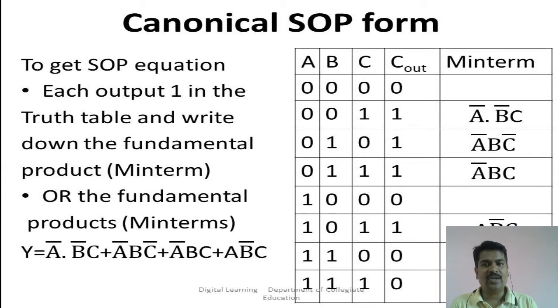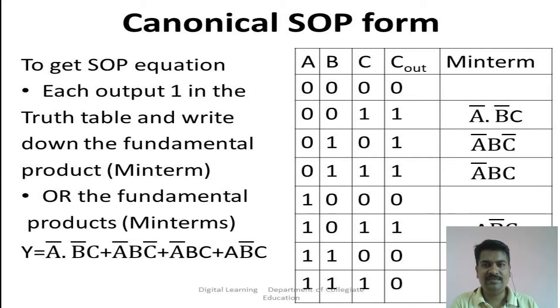Right. This is the canonical SOP form. So how to write an SOP equation in Boolean algebra? That is called the canonical form. Writing an equation in a Boolean function like this is nothing but the canonical SOP form. Now I'll explain how to write an SOP equation in Boolean algebra.